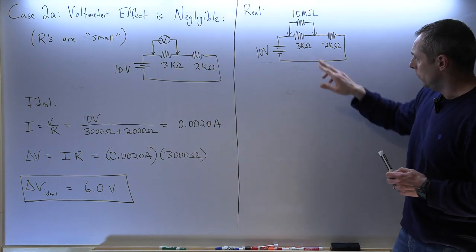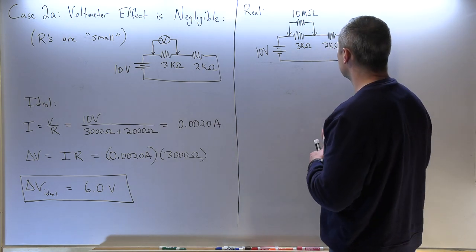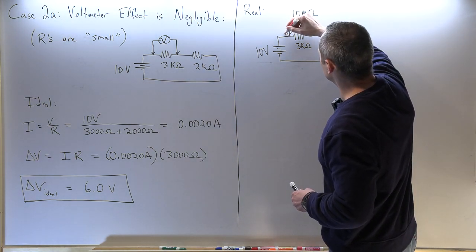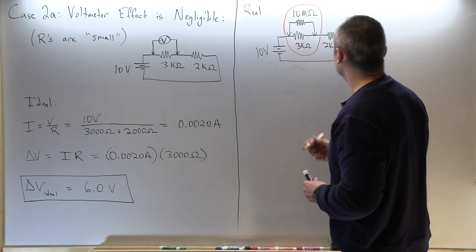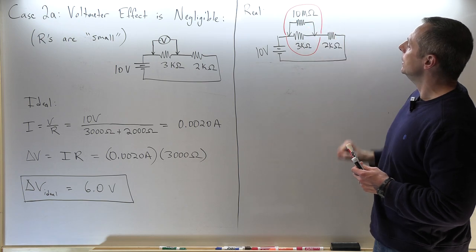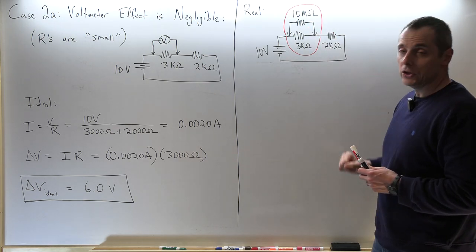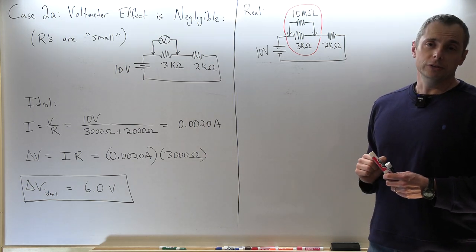To figure out what the voltage is from point A to point B, what we have to do is first treat this as a combination circuit. Figure out the REQ here, figure out the REQ again, and then figure out the current, and then the voltage.